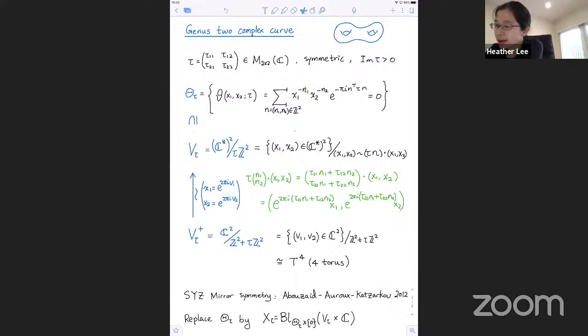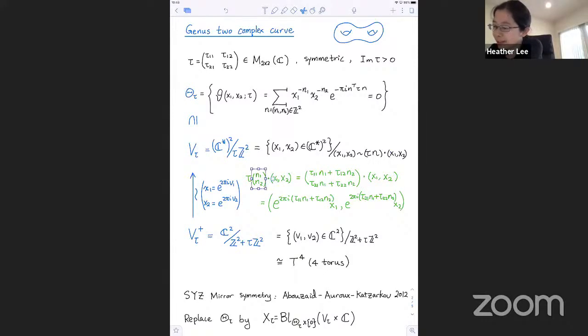So any element of this group, tau times Z2, is of the form tau times n, which is this matrix tau times an integral valued 2 vector n1, n2.